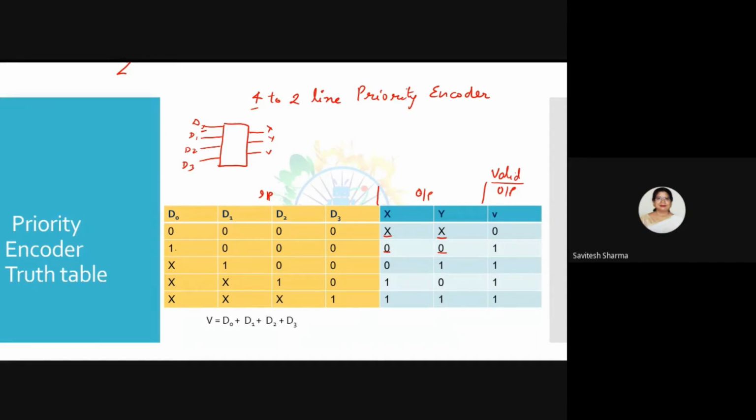Now second case, suppose my D0 is high or low and D1 is high. Here you see the concept of priority I am applying. You can assume that this is a normal citizen, and this is a senior citizen. Suppose there is a queue, so I am giving a preference.